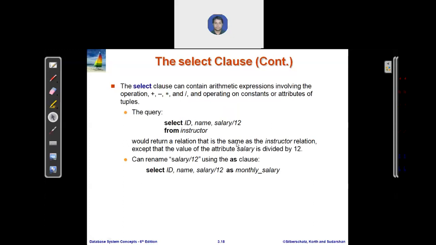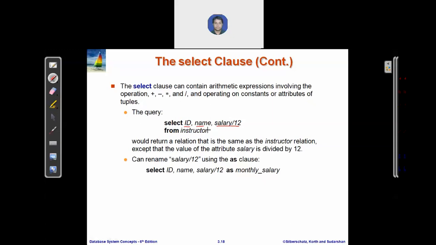In the select clause, you can apply some kind of arithmetic operation as well. Here I write one query in which I retrieve ID, name, and salary divided by 12 from the instructor table.